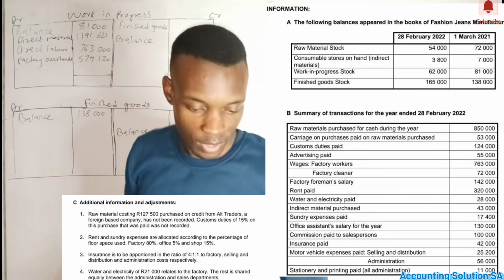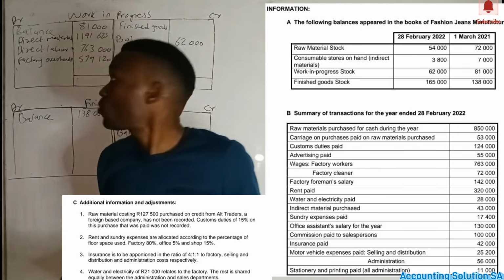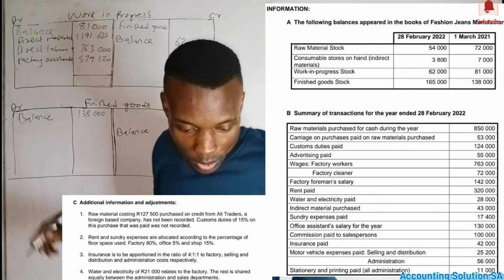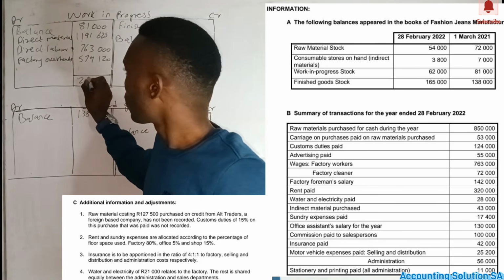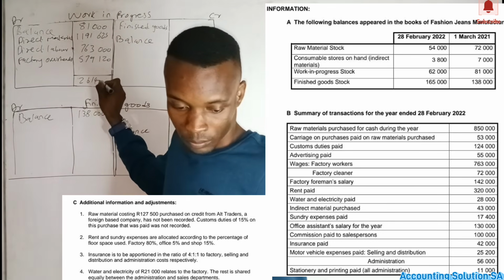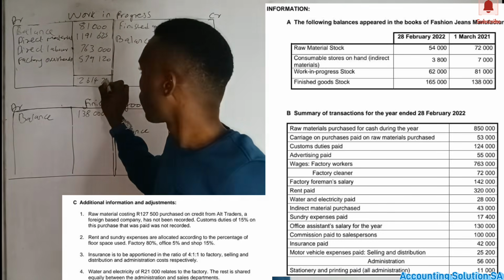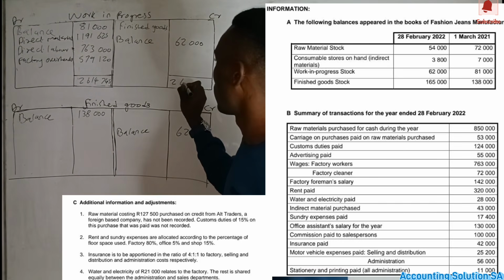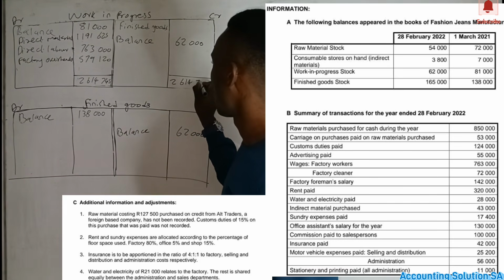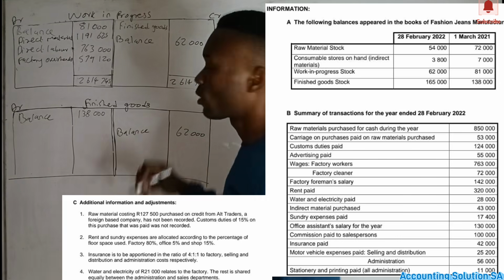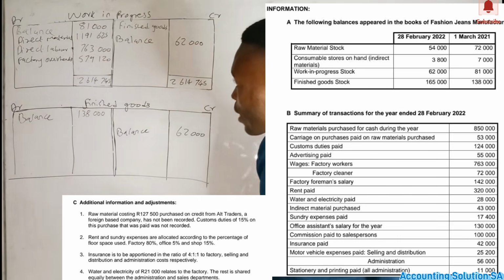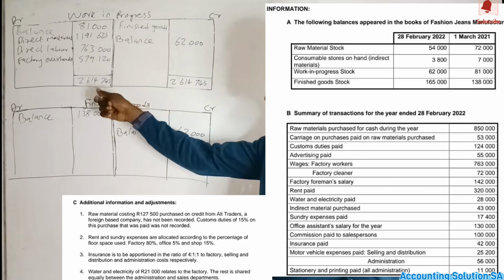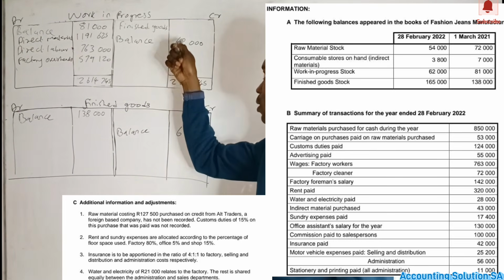Very simple as that. So if you do all this calculation and add everything on the debit side, it's going to give you 2,614,745. So after that, guys, remember, you take what is on the debit side total, and you transfer it here, and you subtract 62,000.